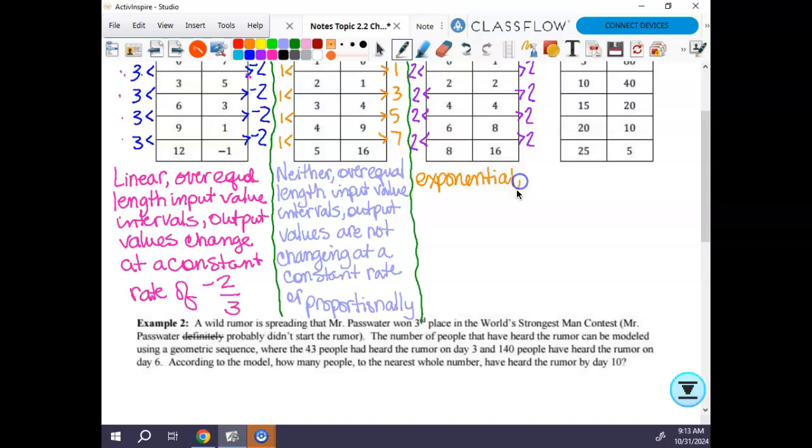And we start the exact same way. Over, equal, and you can use all that space underneath there if you want to. Length, input, value, intervals, output values.